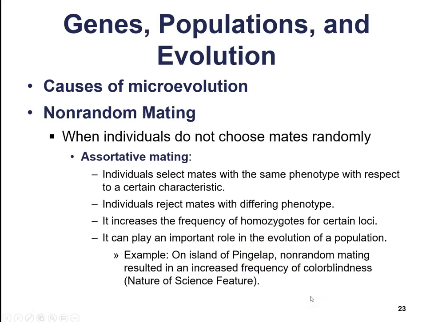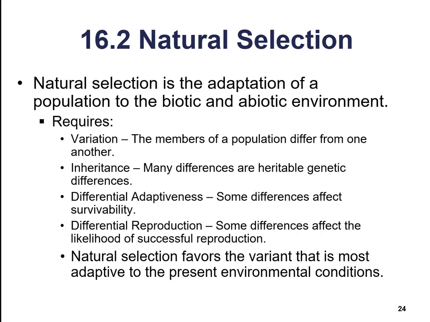So here, in this specific island, non-random mating resulted in an increased frequency of color blindness. Okay, and you can again think of that in terms of a more serious type of genetic disorder where you can see an increased frequency because of this non-random mating. Okay, all right.